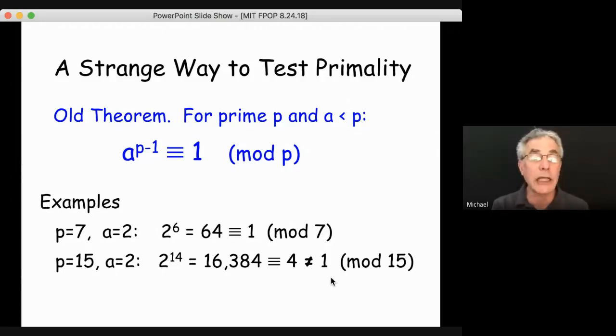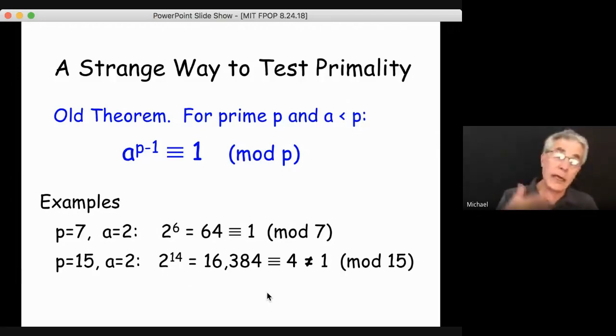And it's a proof that doesn't tell you what the factors of 15 are and doesn't rely on finding the factors. It just relies on showing that the number doesn't have a property that all prime numbers have. And in fact, you can do this calculation vastly more quickly than you can do a brute force search for looking for factors.